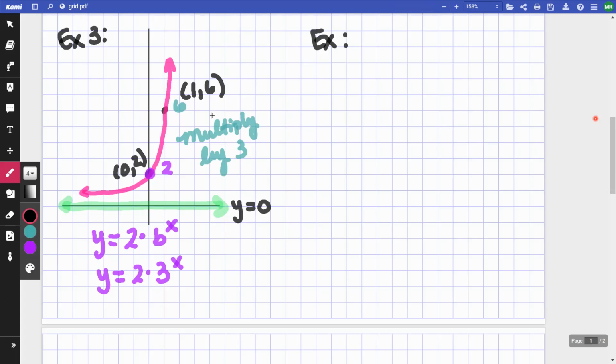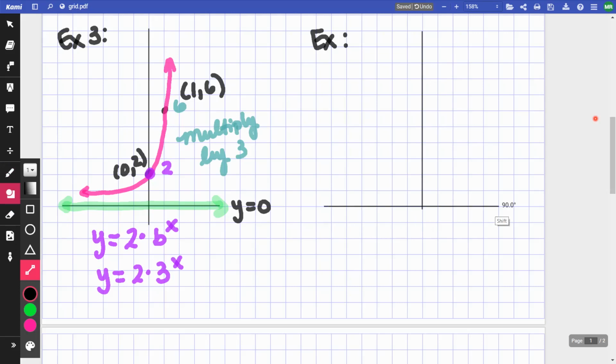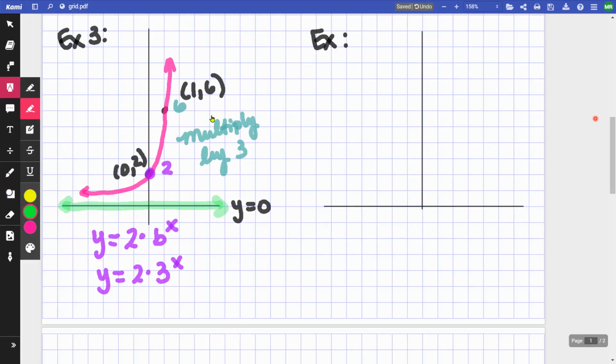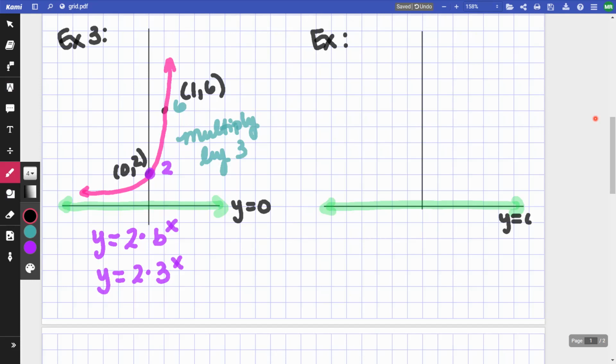Now, let's say we have one that is like this. Okay, and let me draw my asymptote in, again at y equals 0.